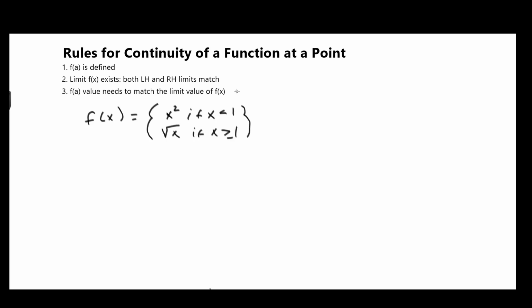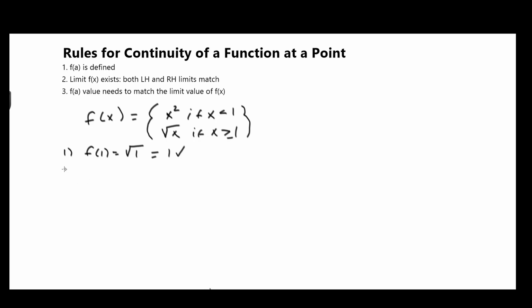All right, so we have two functions again at point 1. So let's just go down our little checklist here. Step 1, is it defined? The only function that actually has an equal value for our 1 value is this second function here. So we'll go ahead and plug in 1, which is equal to the square root of 1. That's equal to 1. And that checks.